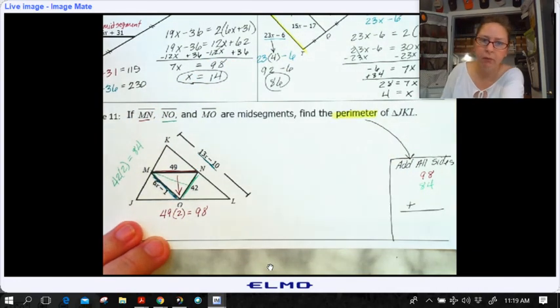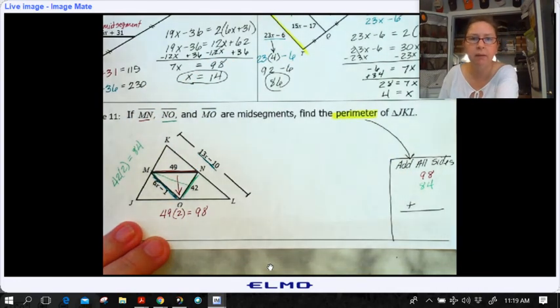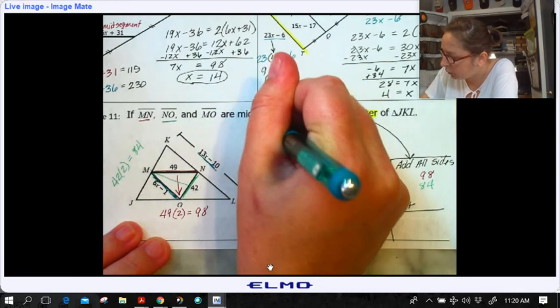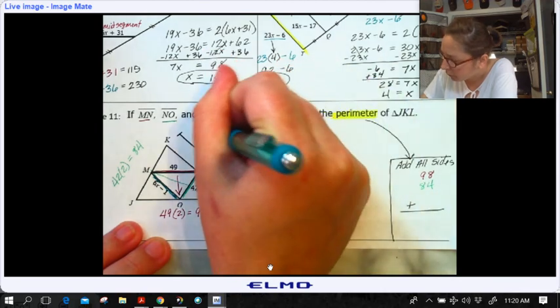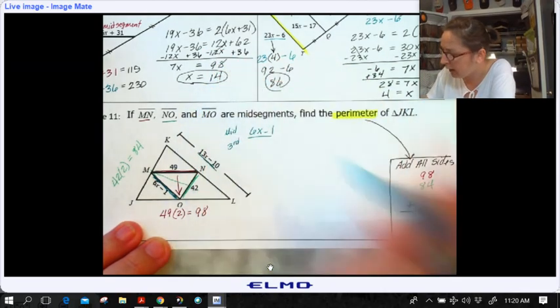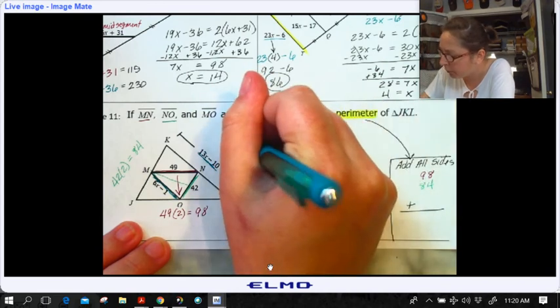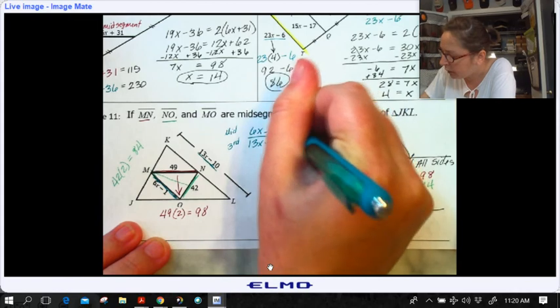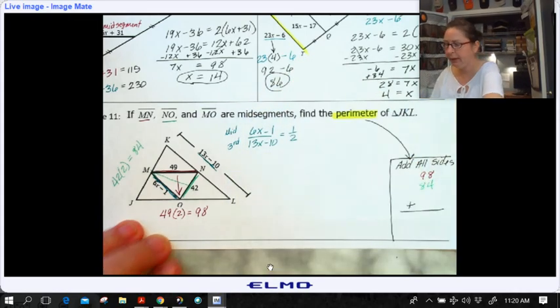For this last side here, I have 2 variables. I don't have a solid number, so I'm going to need to set this up using my ratio or my proportion, okay? So the mid-segment, 6x minus 1, that's the mid-segment, over the third side, so don't forget which one goes on top and which one goes on bottom, is equal to 1/2, okay?